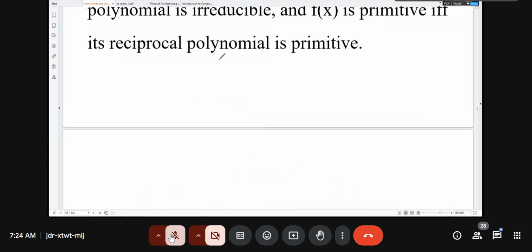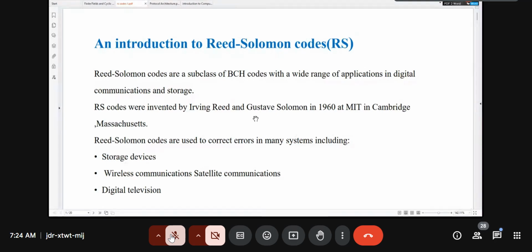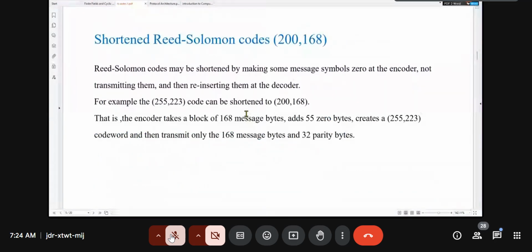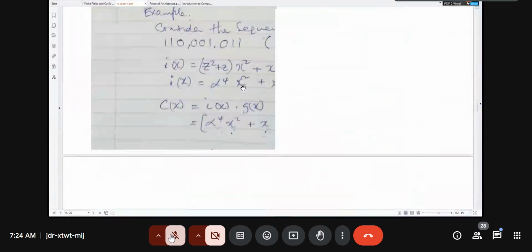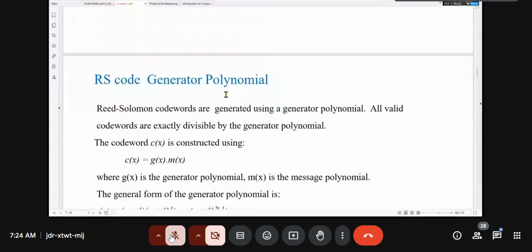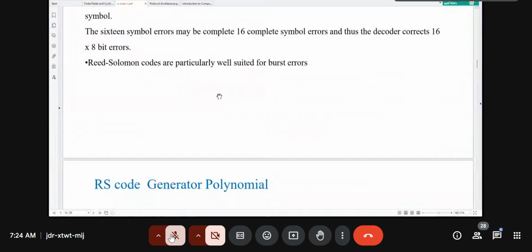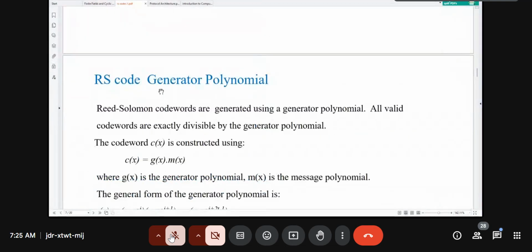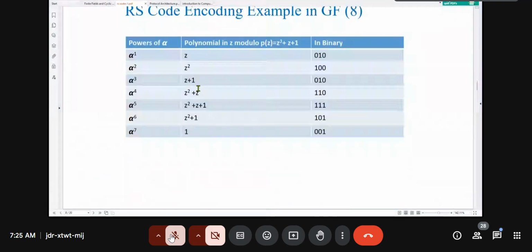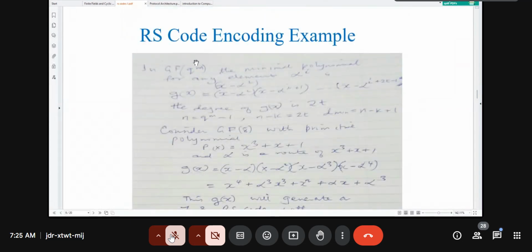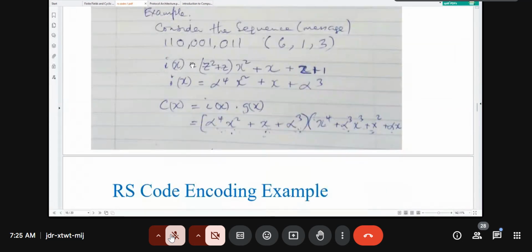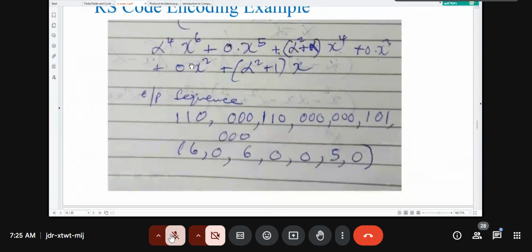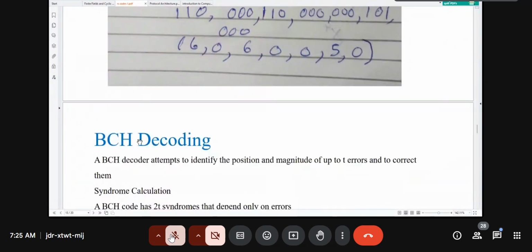Now, before we get to RS codes, we are going to look at methods of decoding RS codes, how you do it, and again we are going to look at the case of the binary code. I put it after RS code, BCH decoding.